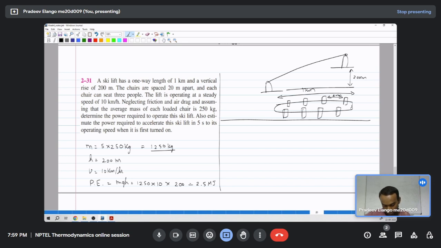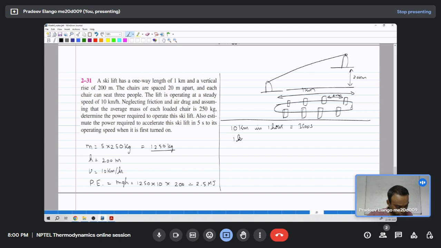And this is delivered at a rate of 10 kilometers in 1 hour or 3600 seconds.